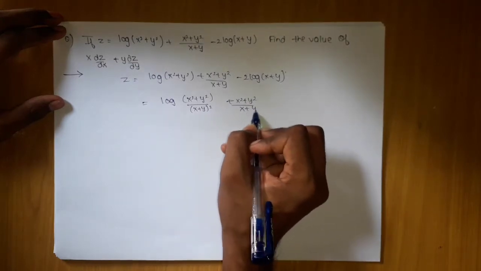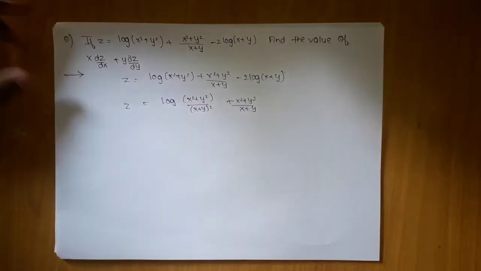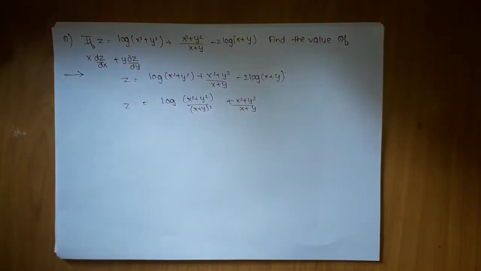Now here you will say that we are having 2 different functions, and as per what you have thought, the Euler function was applicable for only one function. Yes, it was applicable for one function, but you can apply it for 2 by considering them different functions and verifying each of them separately whether they are homogeneous or not.